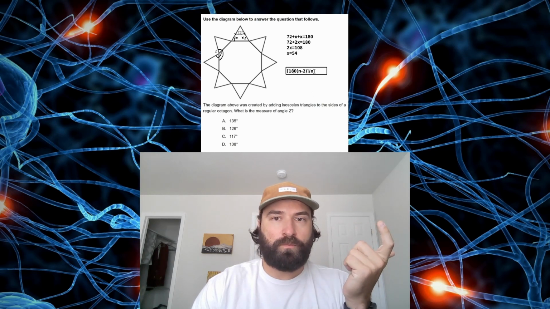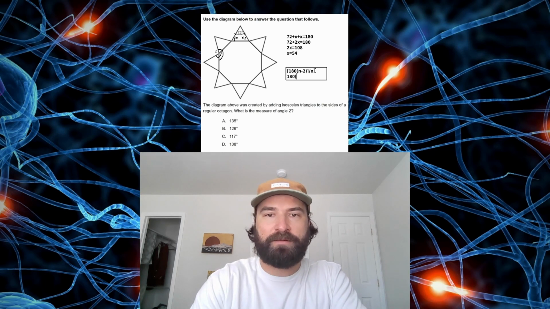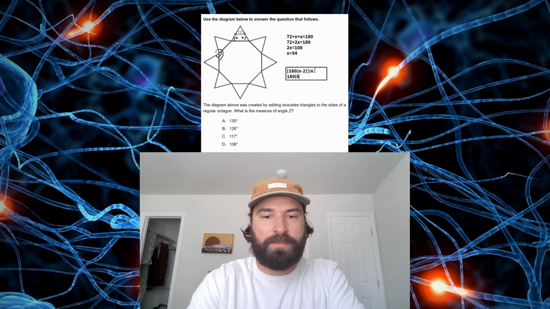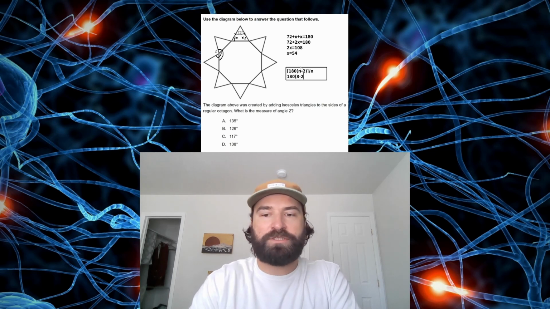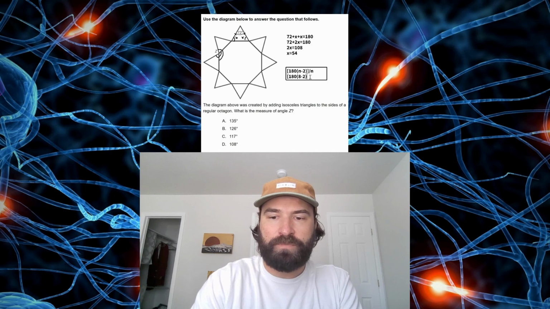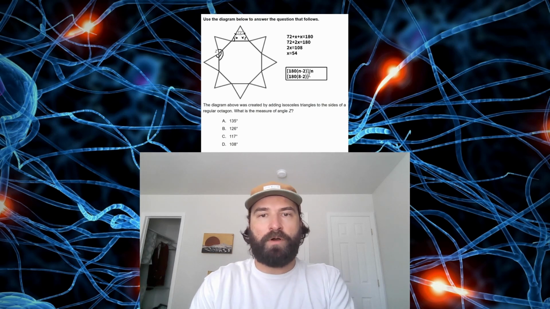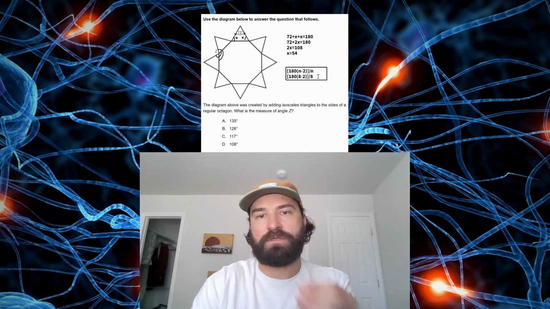So when we plug in the number of sides here, we do 180 times n minus 2. The number of sides is 8, minus 2 is going to end up being 6. We multiply that by 180 to give us the total sum of all the angles on the inside, and then we divide that by the number of angles to find the angle measure, and n is 8 in this instance.